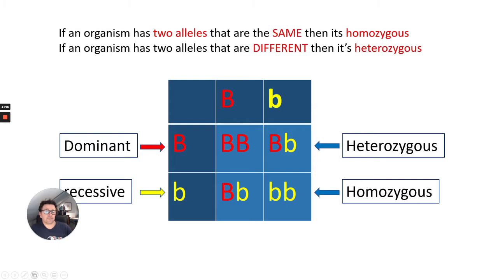Whereas if an organism has two alleles that are different, then it's heterozygous. So in this case, you can see heterozygous pointing to the big B, little b, and homozygous to the little b, little b. And you'll notice dominant is capital letter, recessive is lowercase.